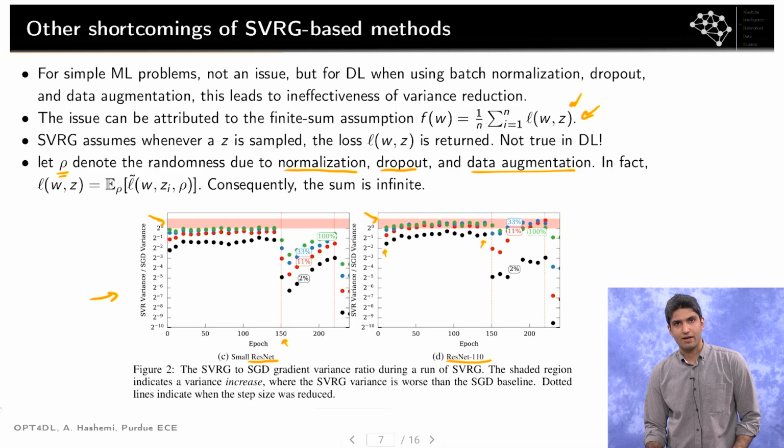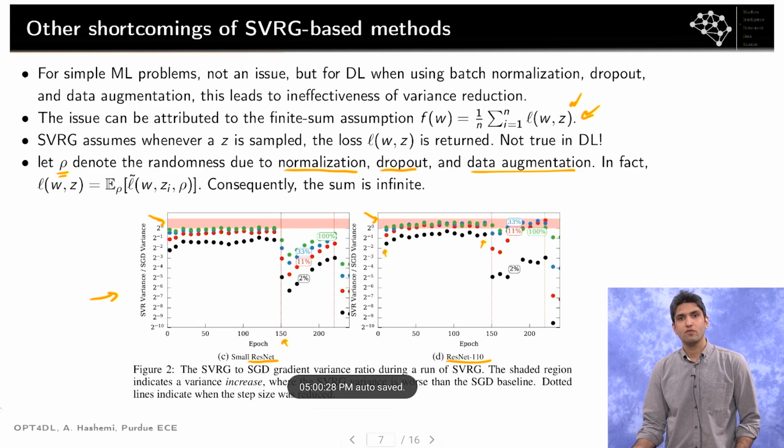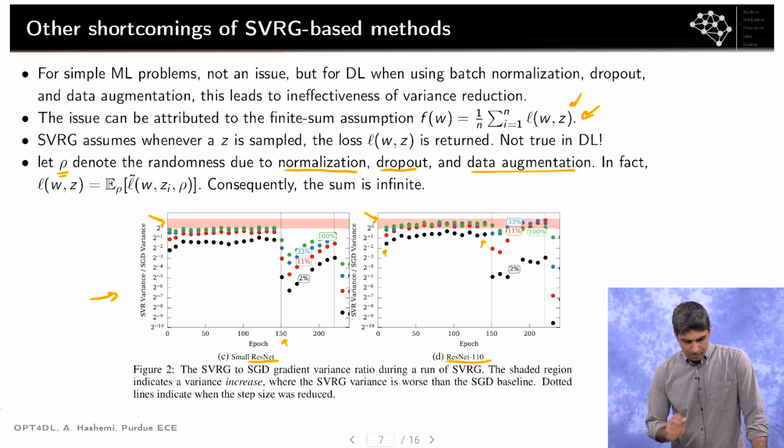Data augmentation is something we haven't talked about. It's nothing complicated. We will talk about it briefly, but that basically means that in addition to processing the data, you will also process a random transformation of the data. Okay, so therefore, let's denote this source of randomness due to these techniques we are using.